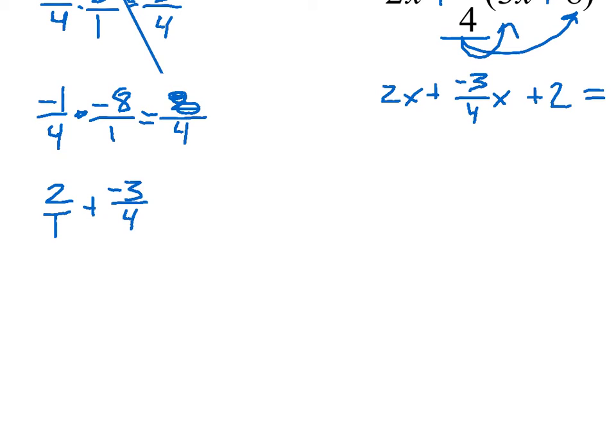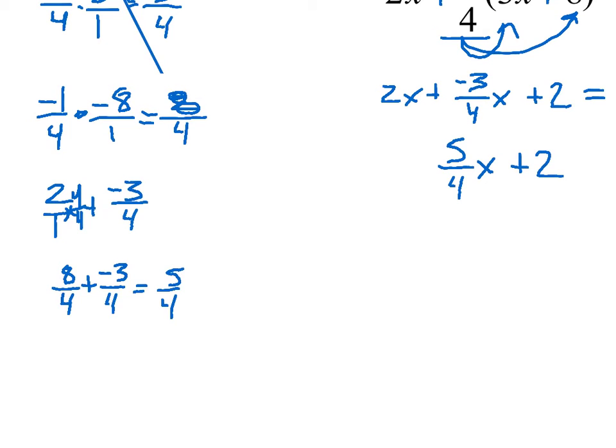Sorry, Fernando, what did you tell him? Find a common denominator. Eight fourths plus negative 3/4. That's going to give me 5/4 because it's opposite sign, subtract. 5/4 x plus 2. Now we're simplified. On to the other side.